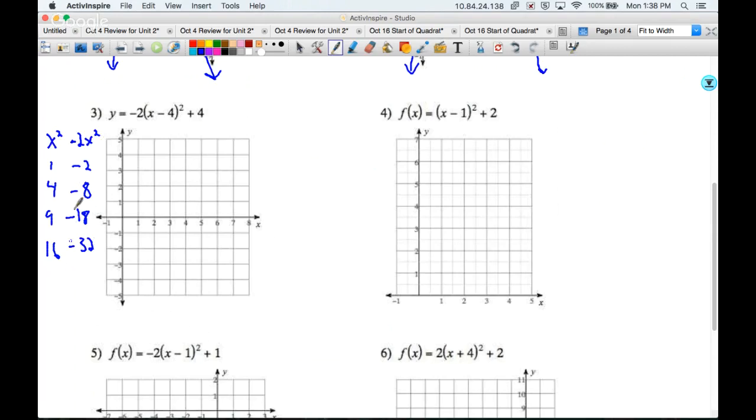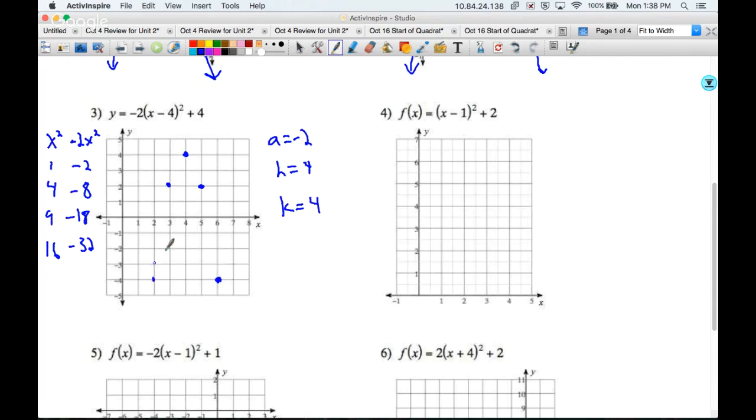So that's going to be the increments that we're going to change by from our vertex. Okay. A equals -2, h equals 4, k equals 4, put a point on my vertex, (4, 4). And now I want to go over 1, down 2, and then down 8 from the vertex. Always measure from the vertex.